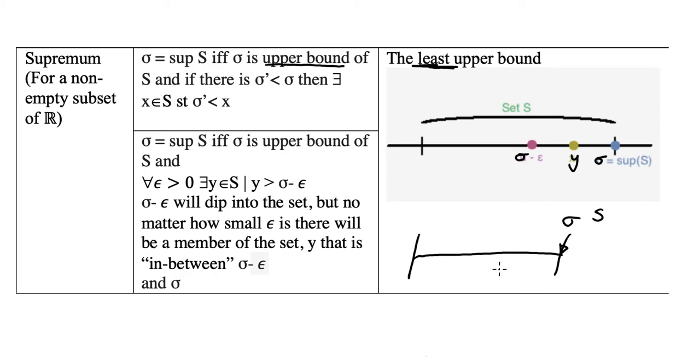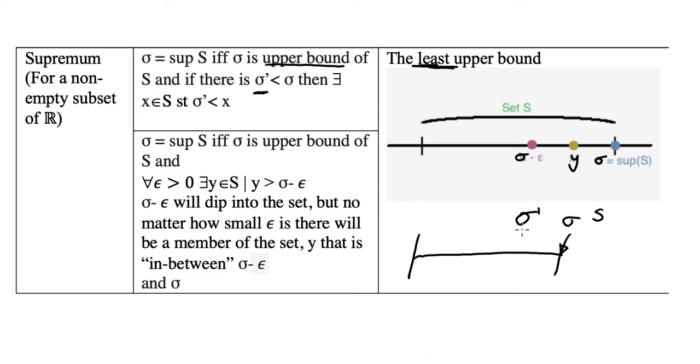Now if we have a sigma dash here, it's kind of like a pseudo supremum, an imposter supremum. Then this first definition says that there is an x member of this set such that x is bigger than sigma dash.